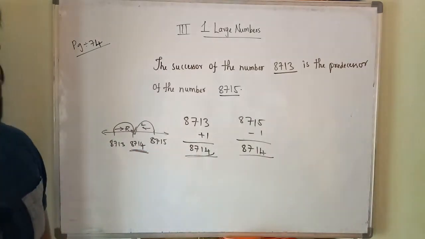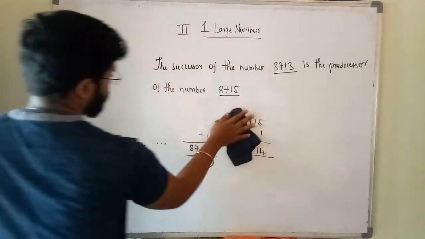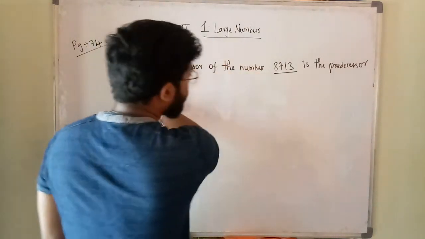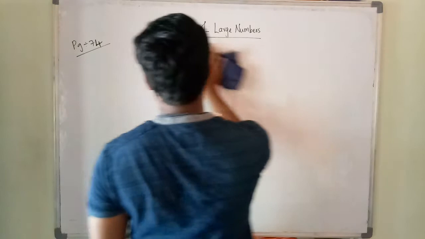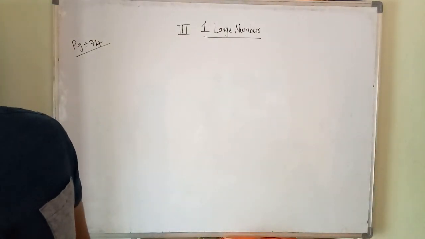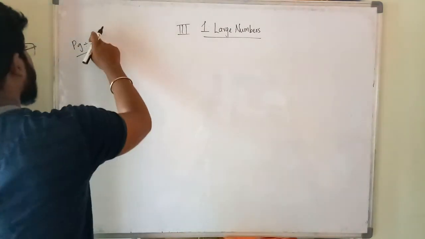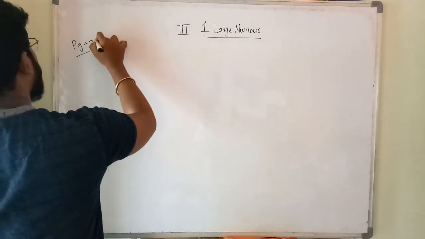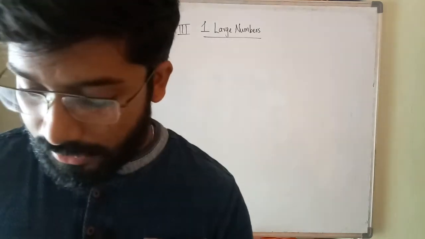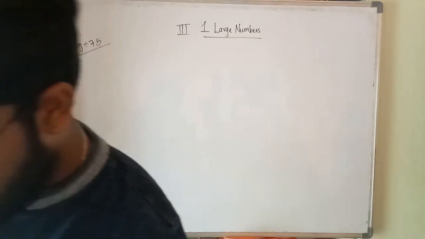Okay, so hope you have understood this one. Next one. So in page number 75, recall the checklist for comparison of numbers.